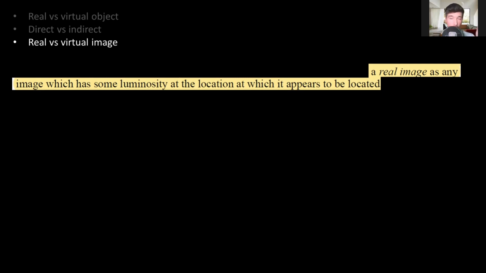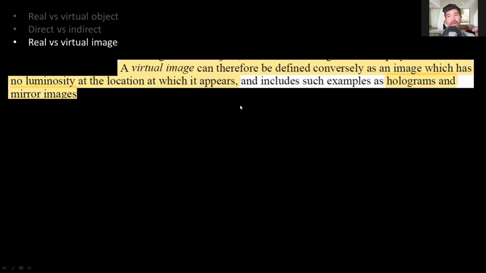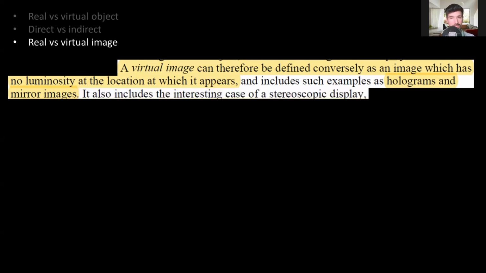That means that if you are watching something, it has certain light that's being projected to your eye. That's the real image part. The virtual image, on the other hand, is something that doesn't have luminosity at the location in which it appears, and only includes examples such as holograms and mirror images.